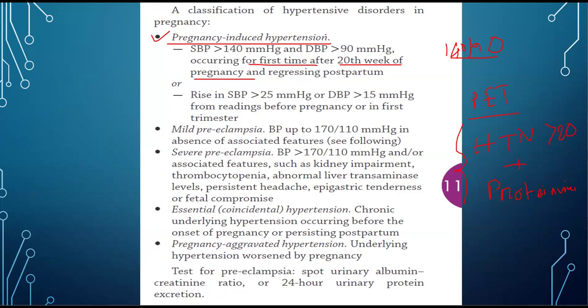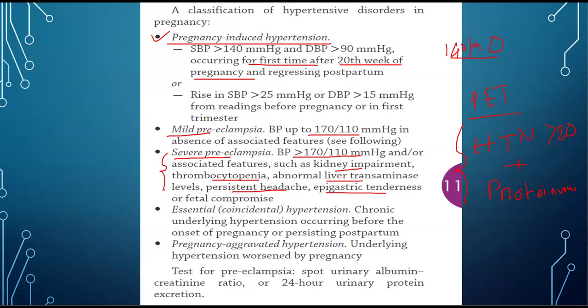Mild preeclampsia is when blood pressure is below 170/110 and there are no other complicated features. Severe preeclampsia is when blood pressure goes above 170/110. Along with that, there are complications, like the patient has kidney impairment, their platelet count has gone down, the liver enzymes have gone up, persistent headache, epigastric tenderness.